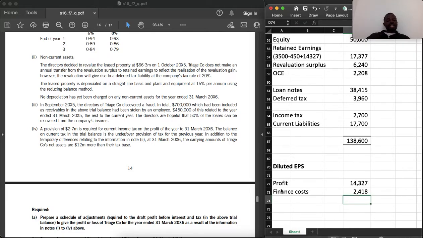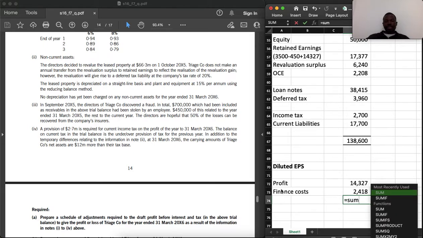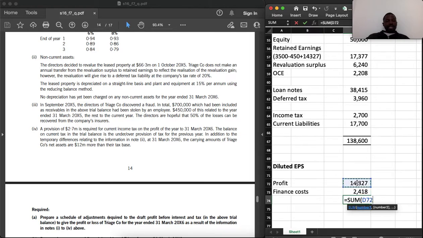So the finance cost that will be saved will be added to profit. So now our total profit will be that profit plus the interest saved. We get that value. Then now the shares will now increase.